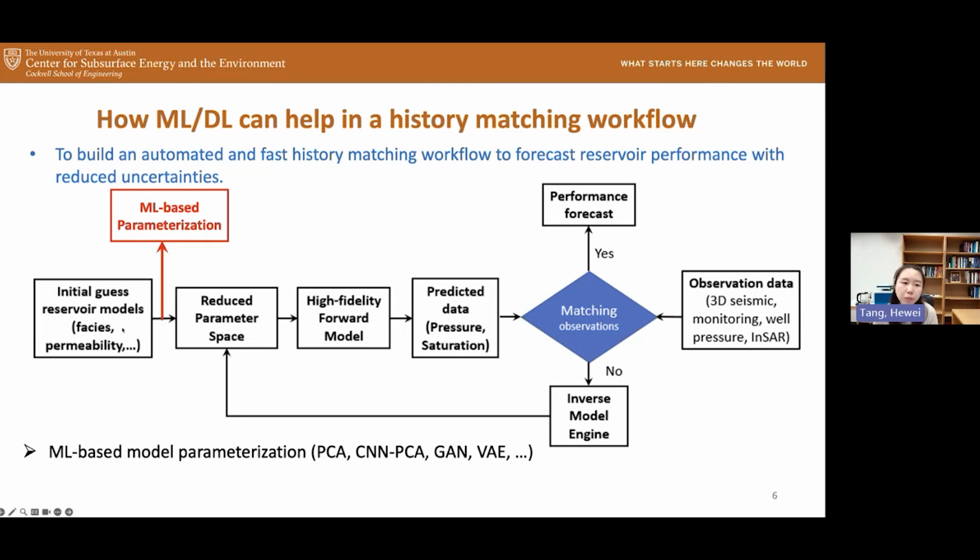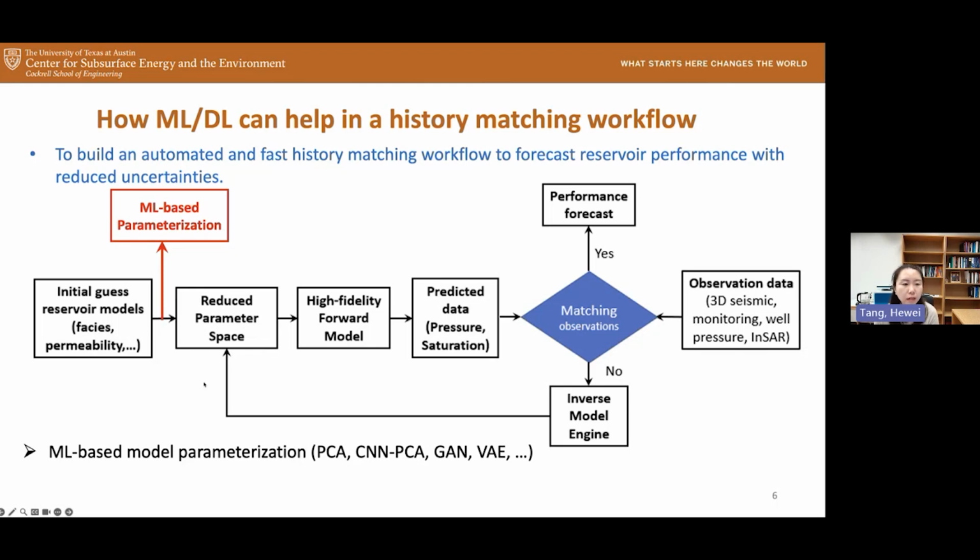It is a large parameter space for us to update and history match. So the first step we usually do in reservoir history matching is to reduce the dimension of such a reservoir model and represent it with a much smaller parameter space. This process is also called parameterization.